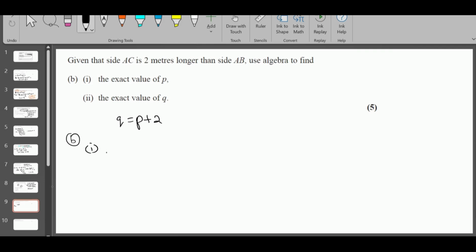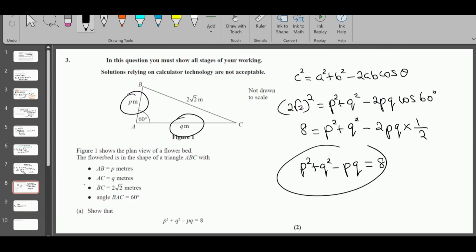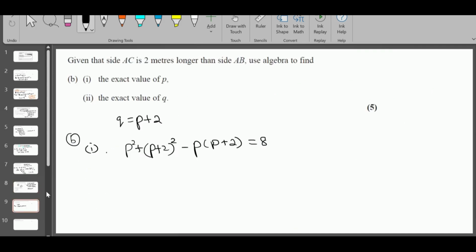So in the equation we just got, p squared plus q squared minus pq is equal to 8, that's the equation we got, right? Replace q by p plus 2 and then expand it.